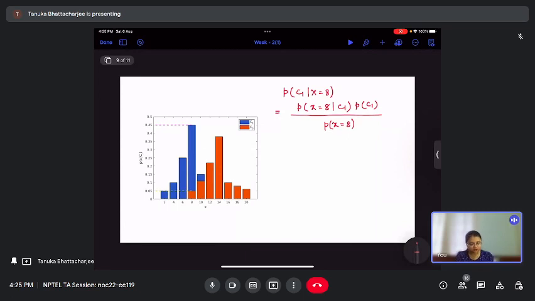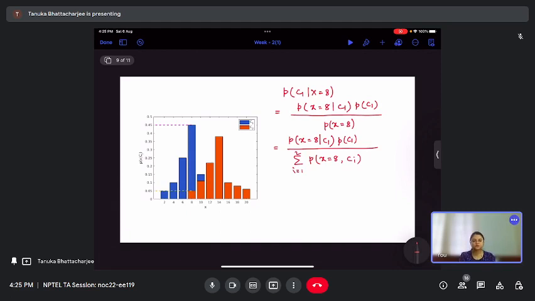Now, again according to Bayes theorem, you can compute x equal to 8 as, let me write the numerator first. In the denominator, the probability of x equal to 8, you can compute as probability of x equal to 8 and Ci, and you sum it up over all possible i. This is basically the expansion.